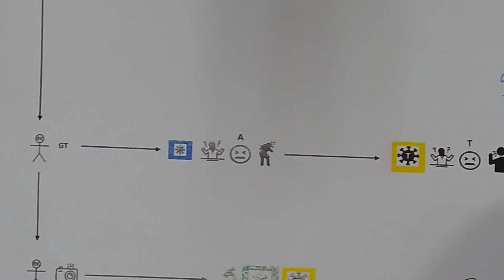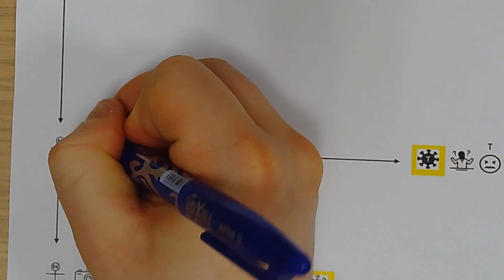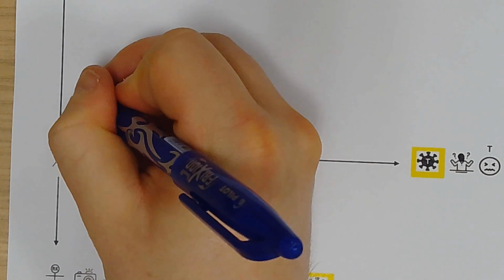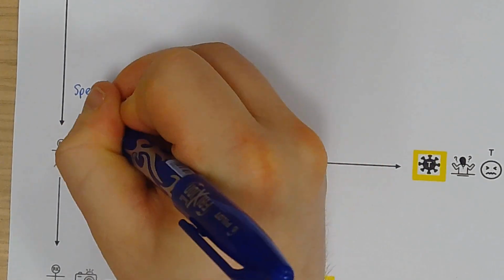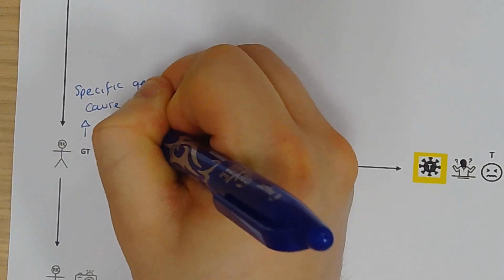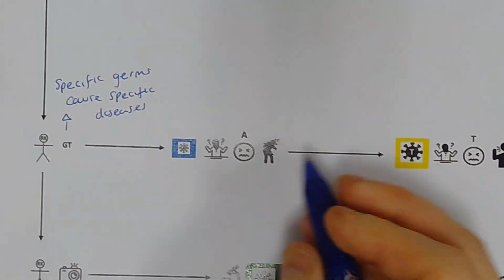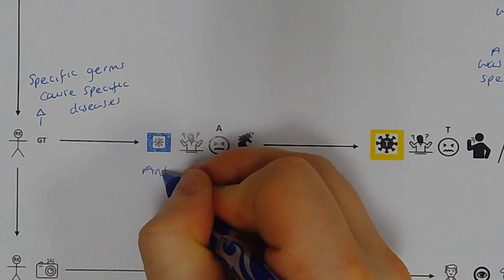So Koch then creates his own germ theory, and his own germ theory is that specific germs cause specific diseases. For example, he was able to identify anthrax that caused choking.